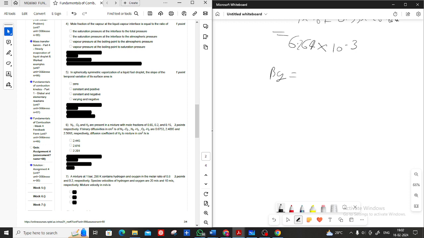After getting the mass fraction, what they have asked is the mixture velocity, V. So the total velocity is rho A into VA plus rho B into... no sir, it is not like that.